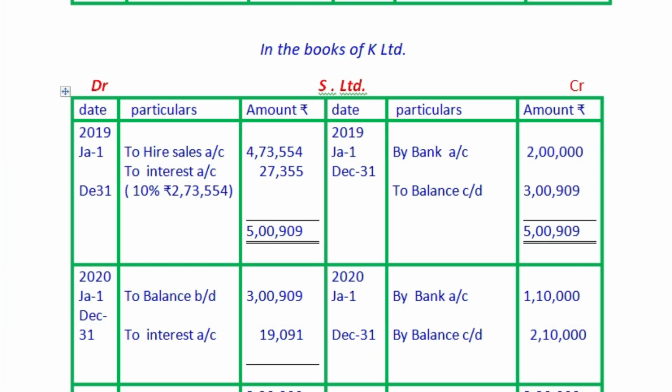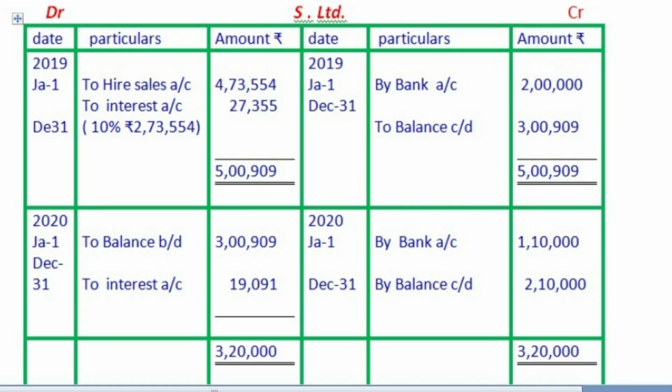Okay, after the hire purchase book, now in the hire vendor book, that is, in the books of K Limited. Now the hire vendor prepares the hire purchaser's account, so the hire purchaser is S Limited. It is just opposite to the K Limited account.